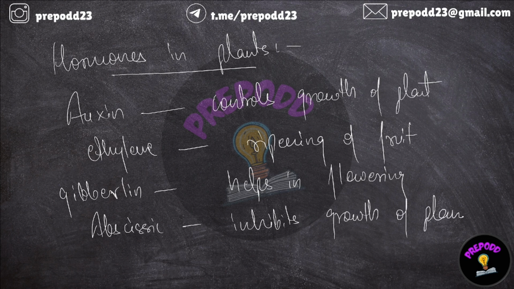That is, inhibit का मतलब होता है रोकना. यानी ये प्लांट की जो ग्रोथ होती है उसमें रुकावट पैदा करता है, जो आपका होता है एबिसिसिक हार्मोन. So these are the different types of hormones in plants, and it is very important for you all to read these hormones as well as the different parts of the plant.